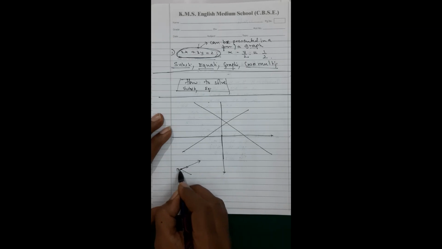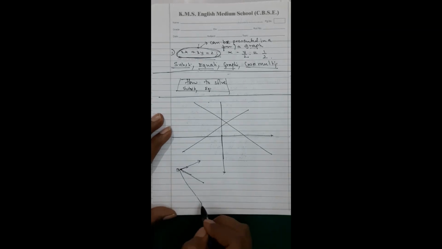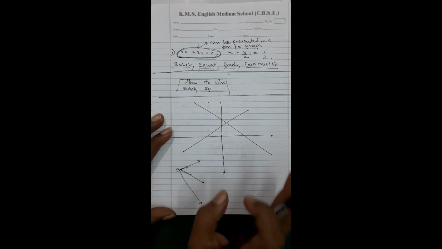Three different conditions are possible when you draw a graph. What are the three different conditions? See, what are the three conditions?